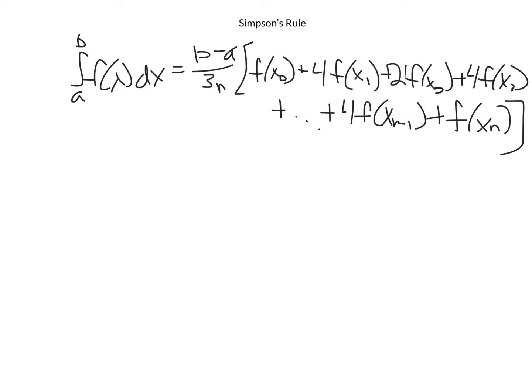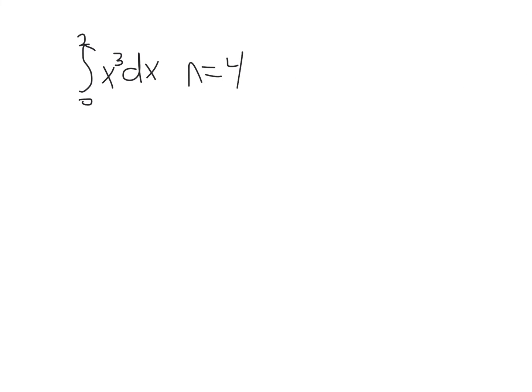Okay, so we'll do an example. We'll do the same one as the last one except using Simpson's rule. Alright, so same integral. So let's set this up. It's b minus a, which is going to be 2 minus 0 over 3 times n. So it's going to be 12. And on the inside, I'm going to set it up similarly.